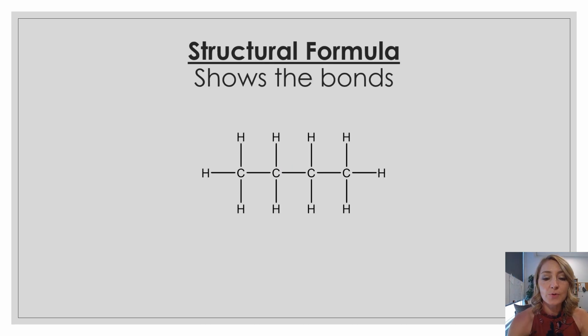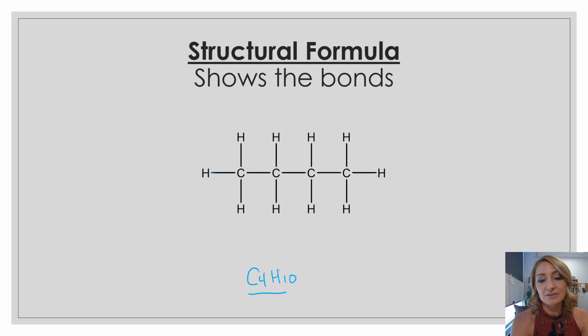In a structural formula, we're still dealing with something that has 4 carbons and 10 hydrogens, but now we're showing the bonds between carbons and carbons and carbons and hydrogens. So what we can do at this point is we can say, all right, molecular structure didn't tell me what this looked like in space, but looking at the structural formula, I can see that this is a chain of singularly bonded carbons with hydrogens completing my octets.